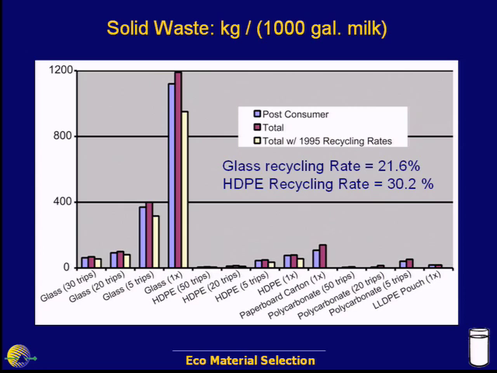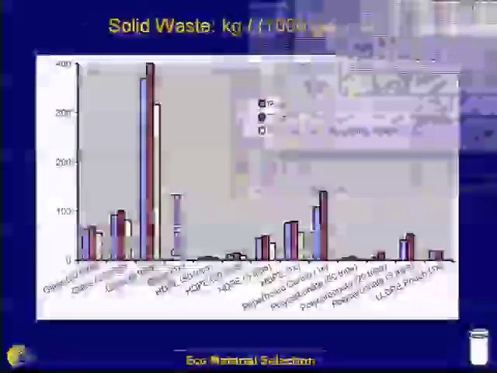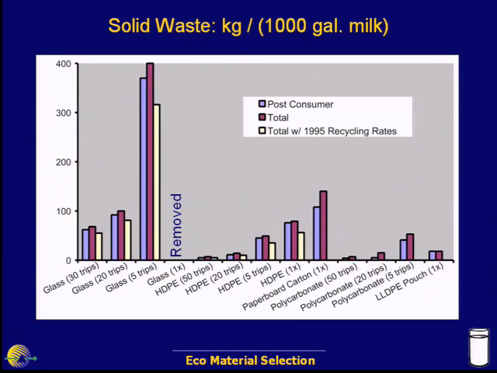Okay, sorry. And here is our paperboard. So the high-density polyethylene half-gallon uses less material in terms of solid waste, I should say, than the paperboard. The paperboard uses more material, but if we look at the previous graph, the paperboard also uses a little bit more energy, right?